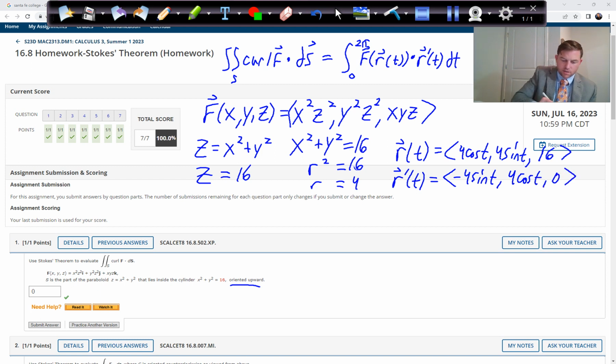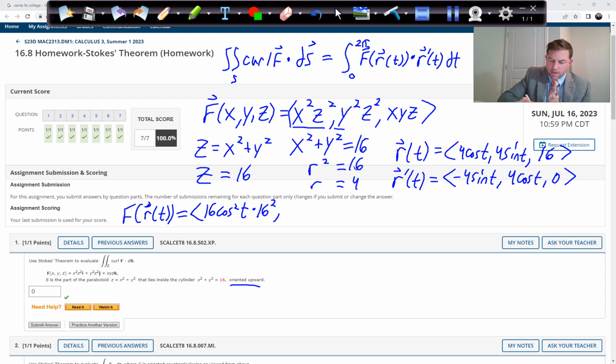Then we just need, and this is the hard part, the function replaced with r of t. The function is x squared z squared. So that's going to be x squared, which is 4 cosine t squared, so 16 cosine squared t, times z squared, but z is 16, so it's times 16 squared. The second component is y squared z squared.